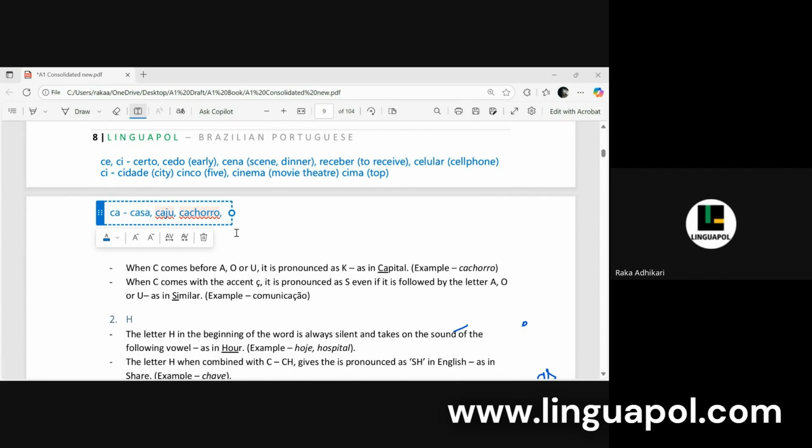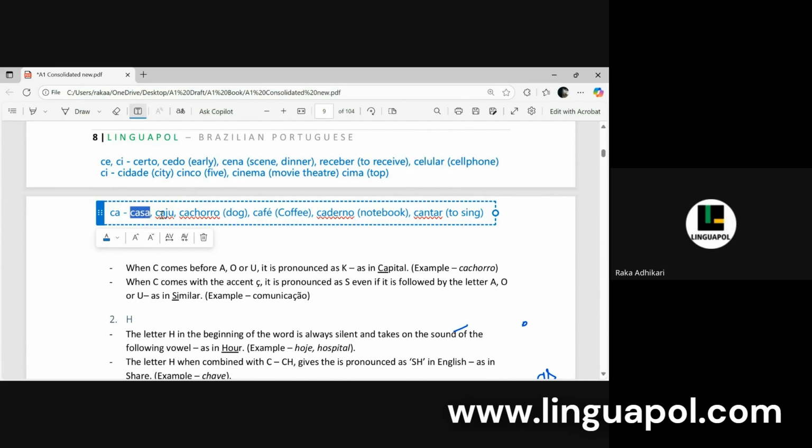Café, coffee. Caderno, notebook. Let's see a verb, cantar, to sing. So the words that we are doing are very commonly used words. These are very basic vocabulary.